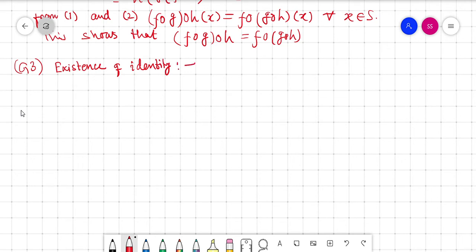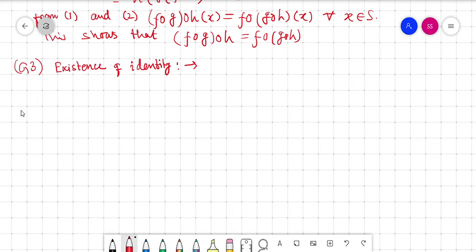So the most obvious answer is the identity mapping. As you know, the identity mapping behaves like the identity for the composition of mappings. So the most obvious answer to this search for the existence of identity is the identity mapping.